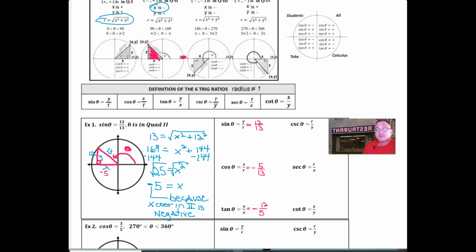Then I just write my reciprocals over here, just flip them. So 13 over 12, negative 13 over 5, and negative 5 over 12. And that's it. So it's combining what we've done already.